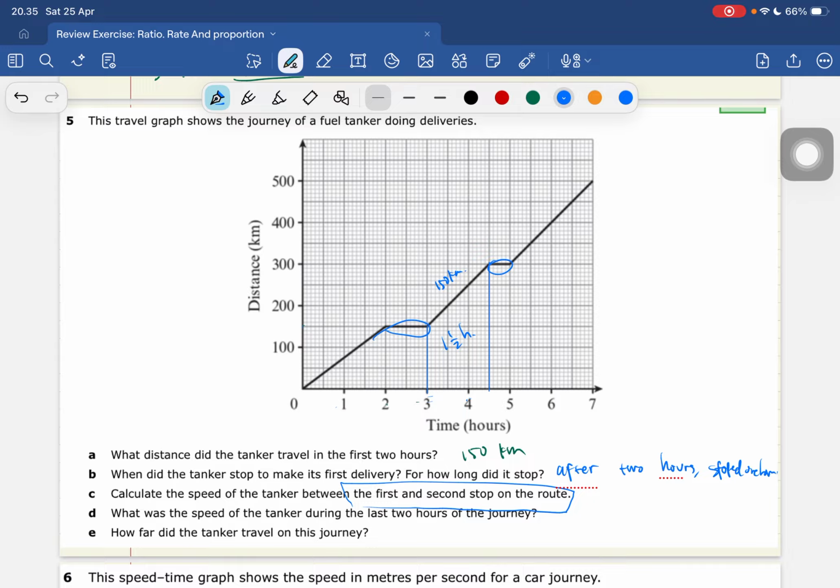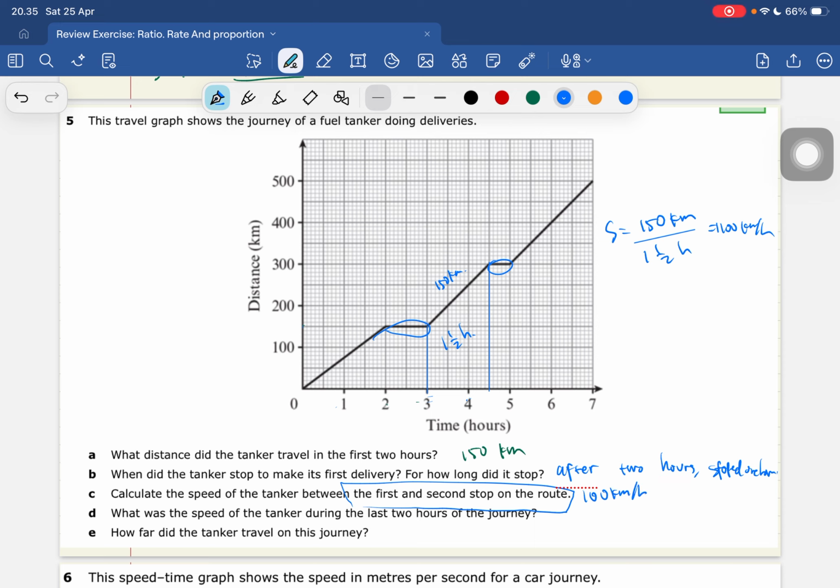For the speed, the distance is 150 km, and then we divide by 1.5 hour. So we got 100 km per hour.